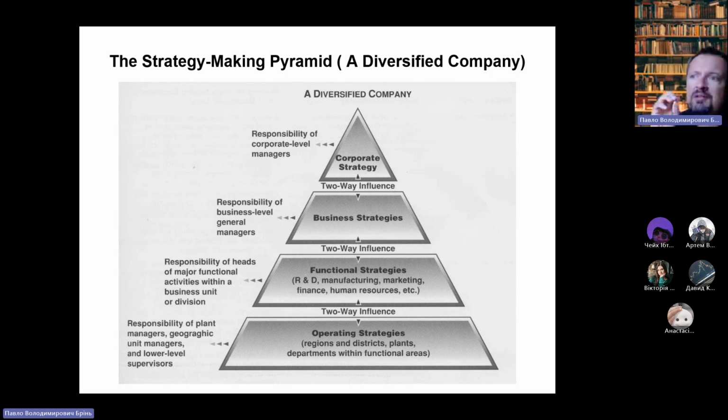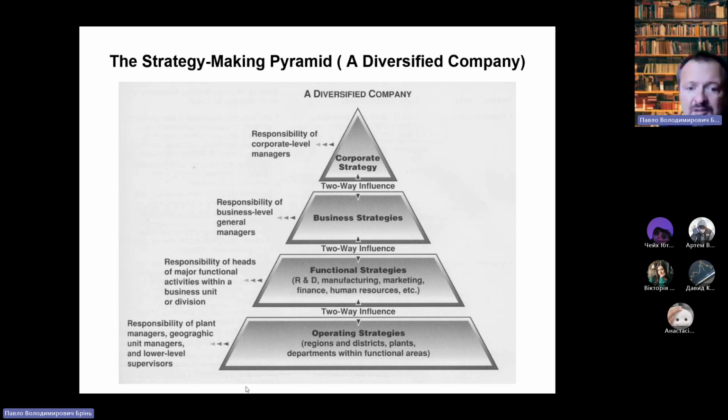So all these examples reflect the situations that some functional strategies are connected only with the domain, but not connected with the general activities of the company.